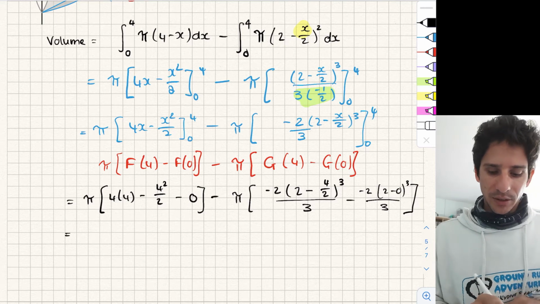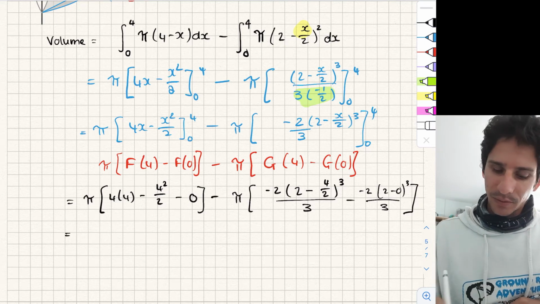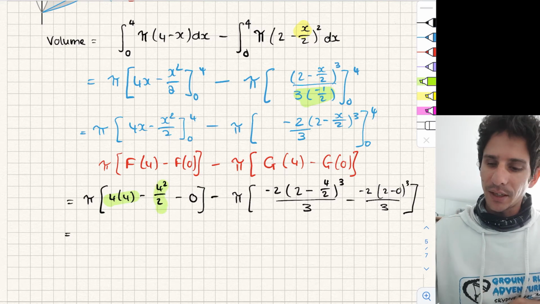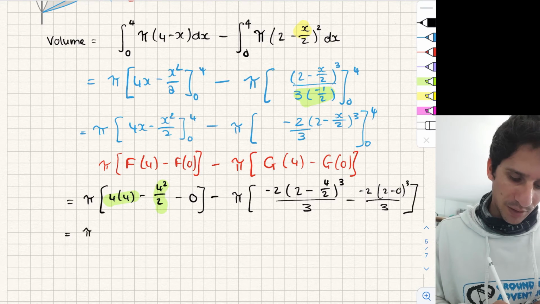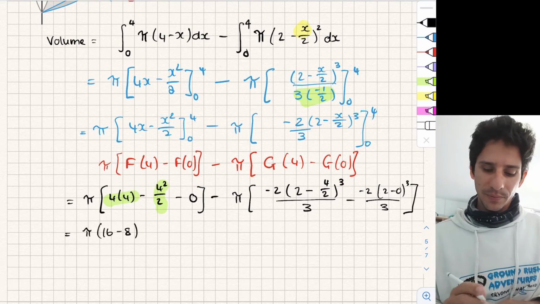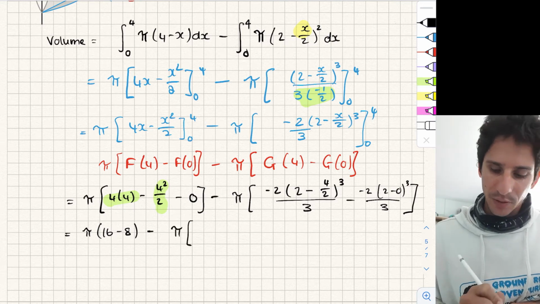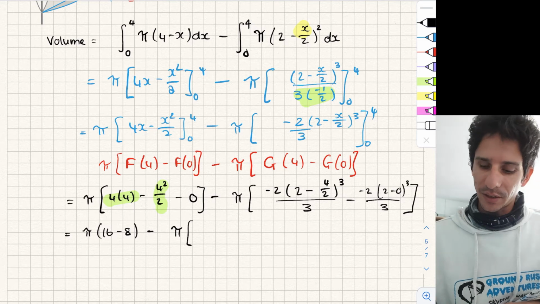Right, the inside is going to give me 16, and it's 16 divided by 2, so that's 8. So we're going to have pi times (16 take away 8) over there. And this has all been taken away from pi, and I've still got quite a lot of stuff to deal with on the inside here.